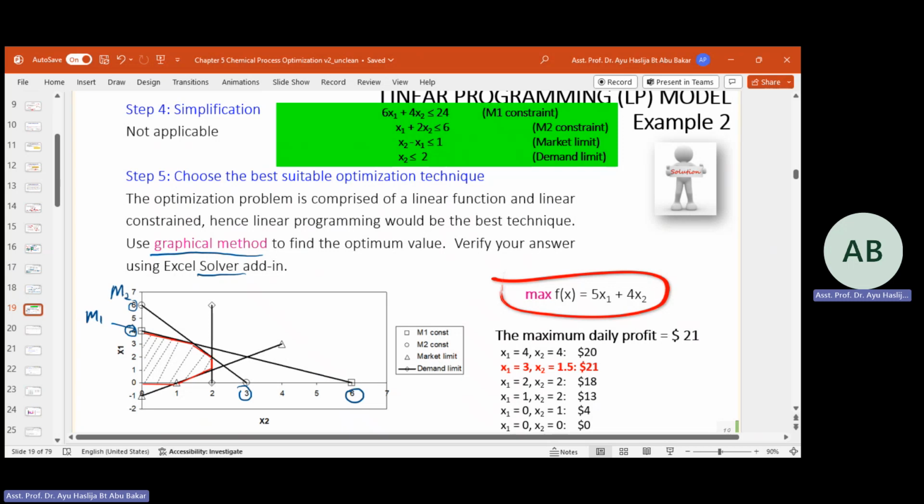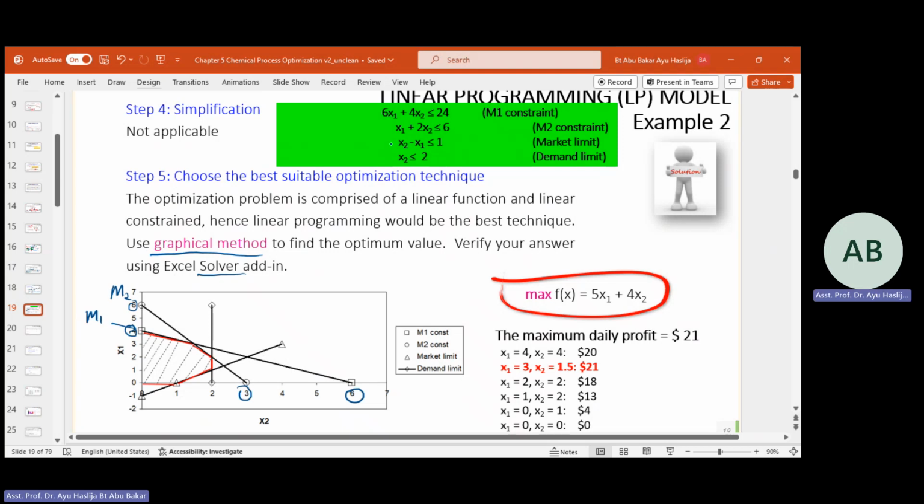Can you assume 1, either of the numbers? x1 equals to 1. Can. But we set as 0, because we want to find the minimum of the other value.